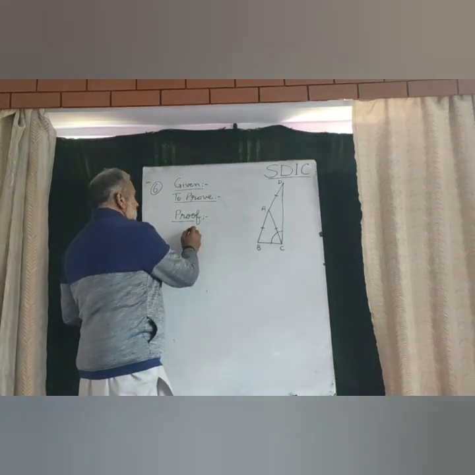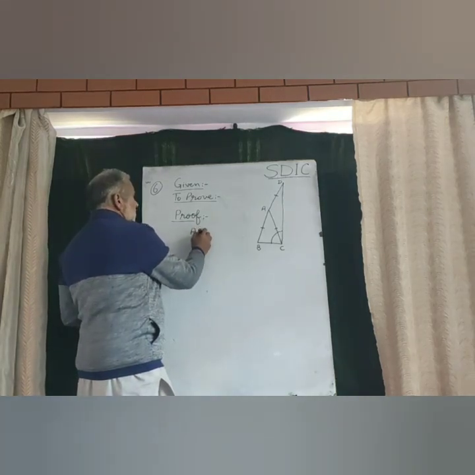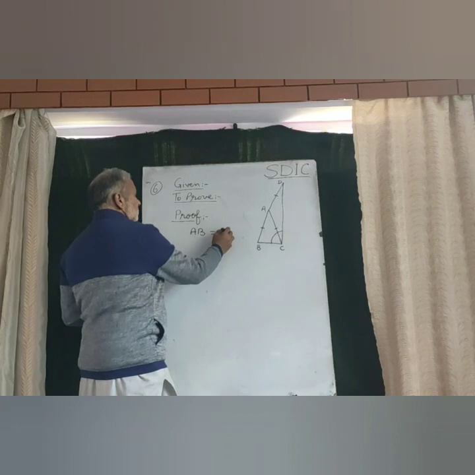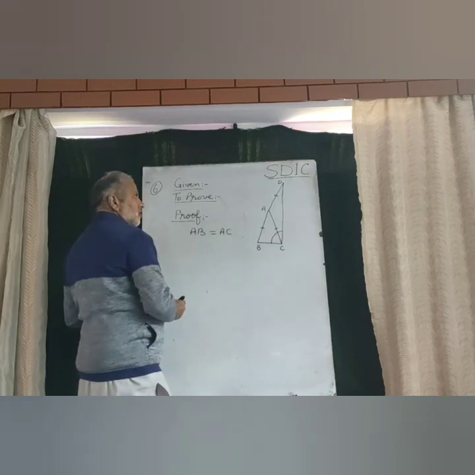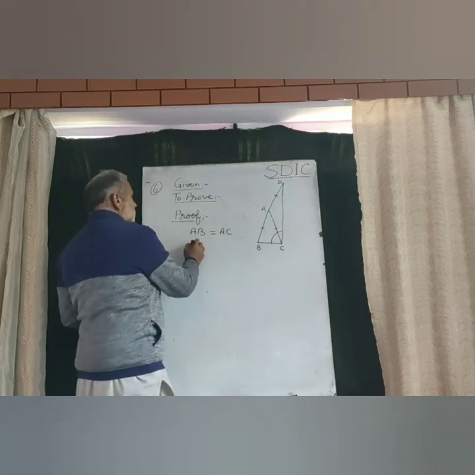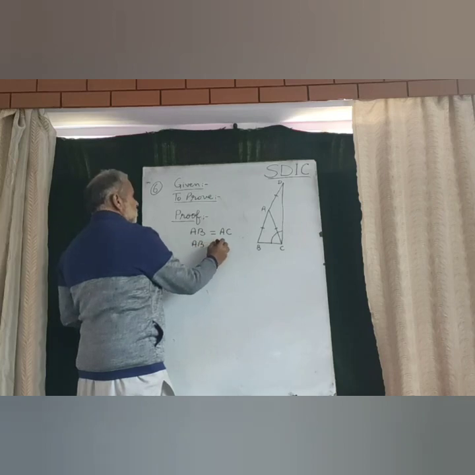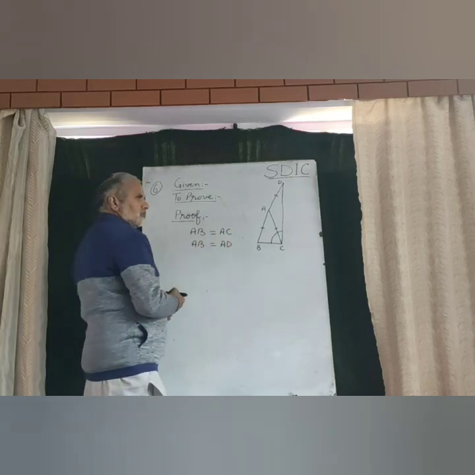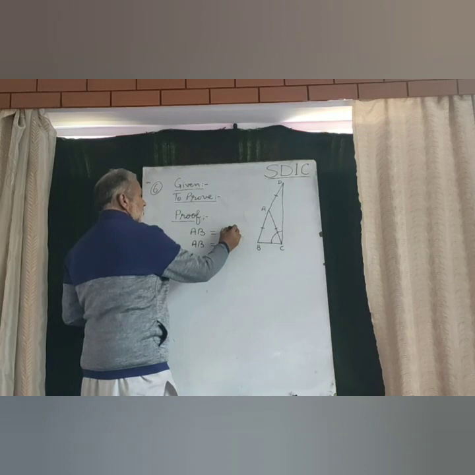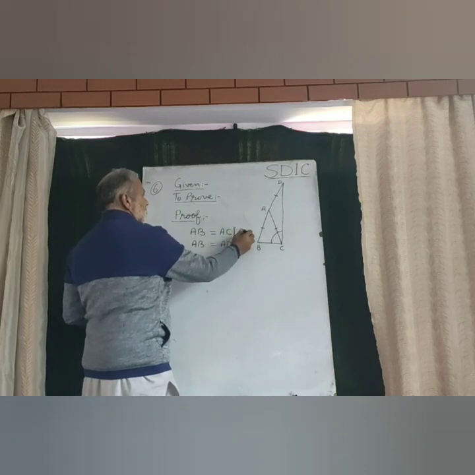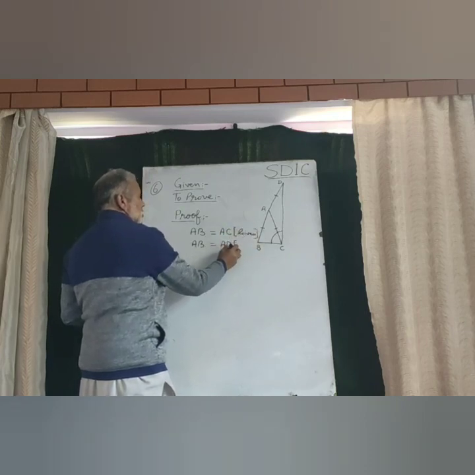We have, according to the statement, AB equal to AC. It is given to us. We also have AB equal to AD. This is also given to us.